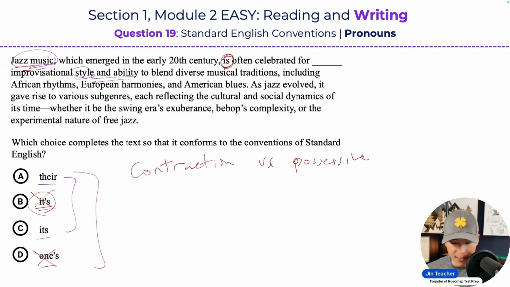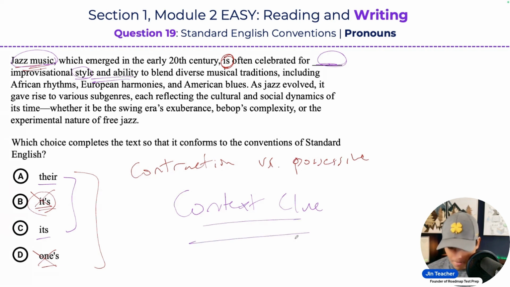It's jazz music's style. You just read the sentence to understand the context, and then you ask yourself what noun this pronoun is referring to. The way that I like to ask it is by asking, whose style are we talking about? The answer to that question is given in the passage. This is the context clue that you want to use to solve this type of grammar question.